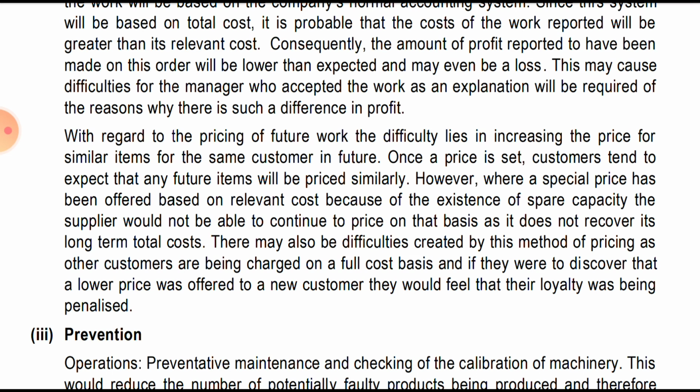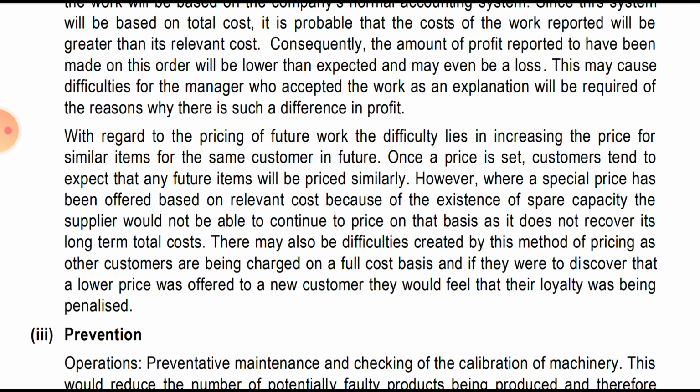So if a product X has been priced at 100 rupees, for example, and the company produces a similar product Y as well, the customer expects that to be 100 only. We cannot sell it for 150 or 200 even. Then we have to properly differentiate what is the difference from the earlier unit to this unit.